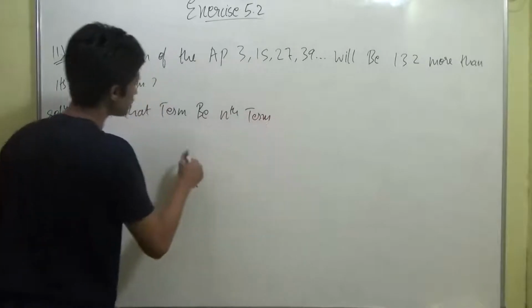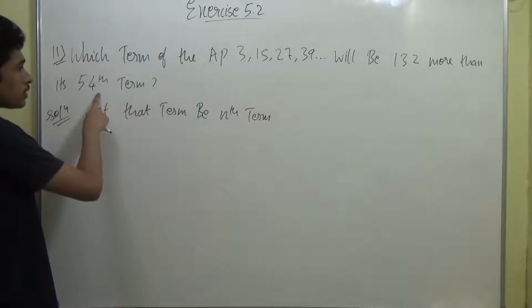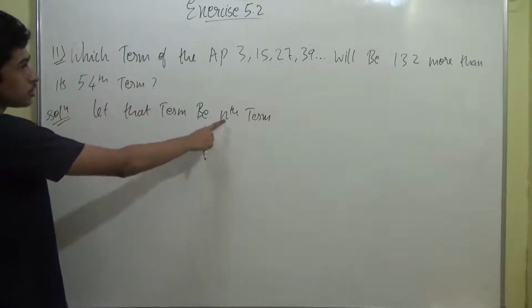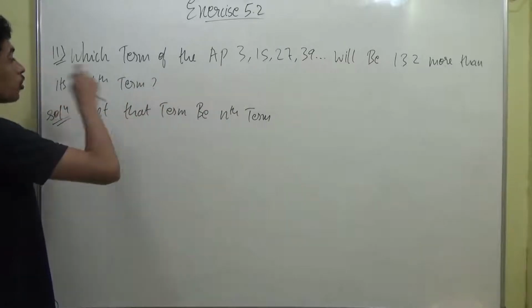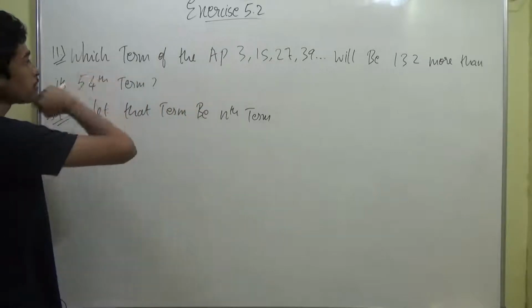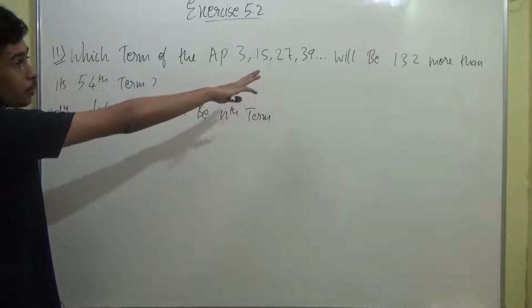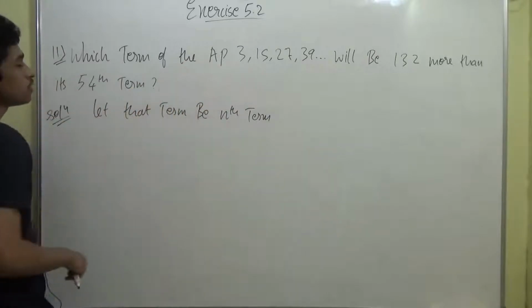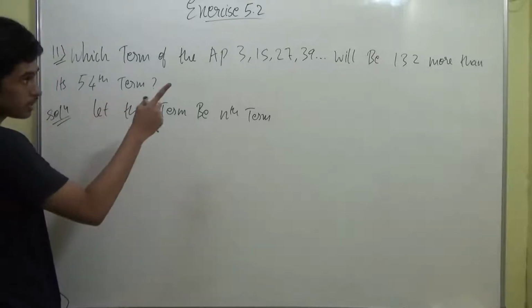They are telling the nth term minus the 54th term should give you 132, because which term of the AP will be 132 more than the 54th term, which means nth term minus 54th term should give you 132.